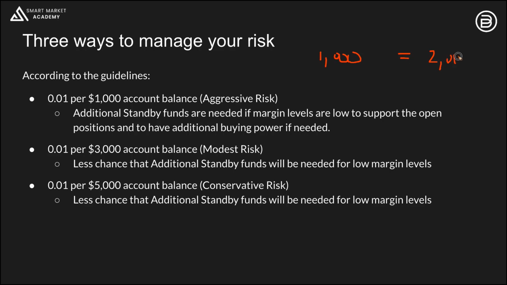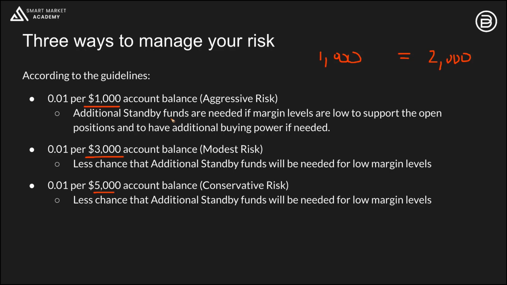Now you might say, well, Big Dog, I don't have that. I don't have an additional $2,000. Don't worry. We'll be looking at ways to manage your risk if you don't have additional capital. So if you only have $1,000 and you cannot opt for the other options here, how do you manage your risk? We'll talk about that in the latter part of the videos, okay?